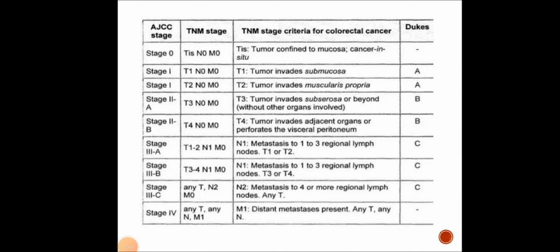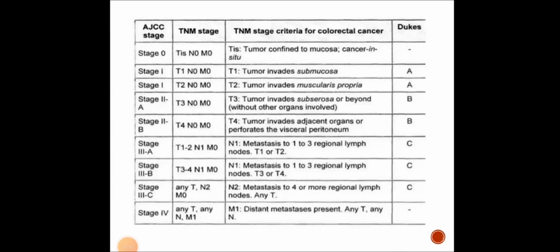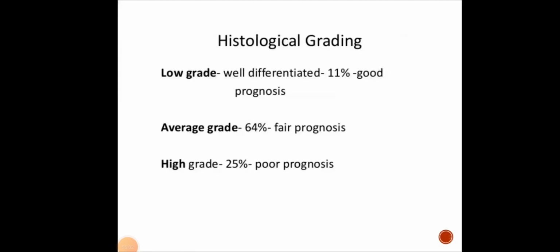Then T4 adjacent structures are involved. N0 is no lymph node metastasis. N1 is regional lymph node involvement. Then M0 no distant metastasis. M1 distant metastasis. That is similar to other carcinoma. Same kind of classification is given for rectal carcinoma also. Another histological grading is there.